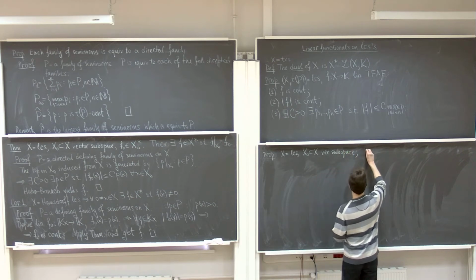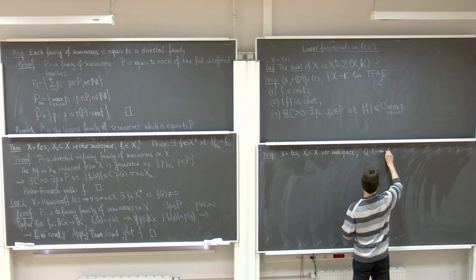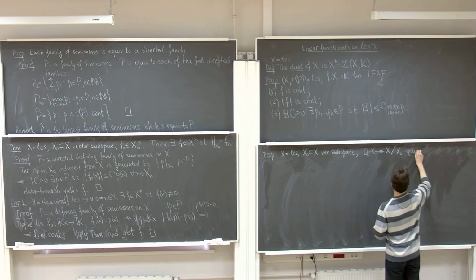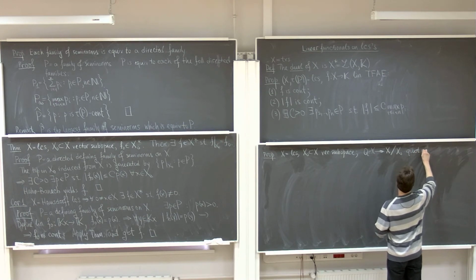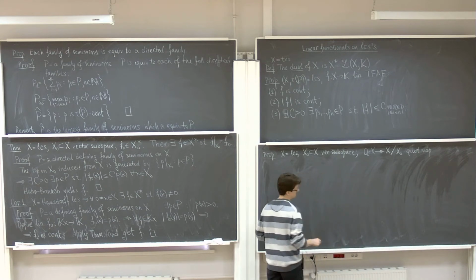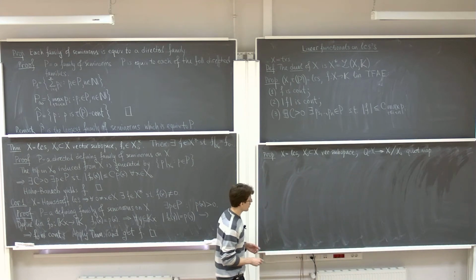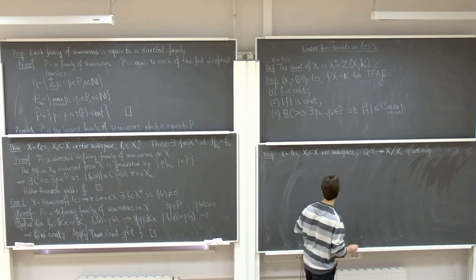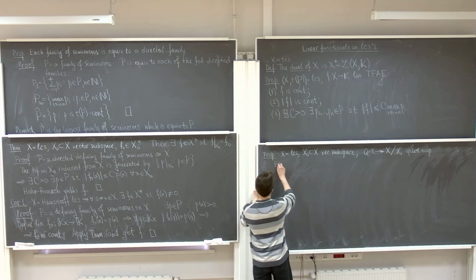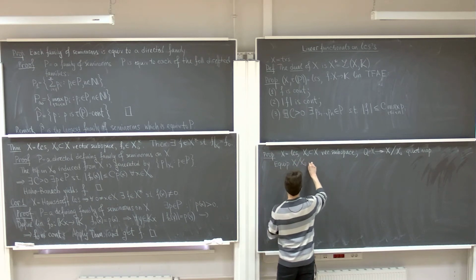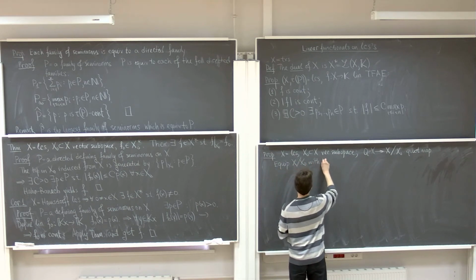Let's denote by Q the quotient map of X onto the quotient of X modulo X0. We take the quotient of X modulo X0 and equip it with the quotient topology.